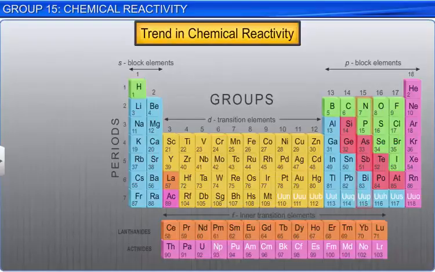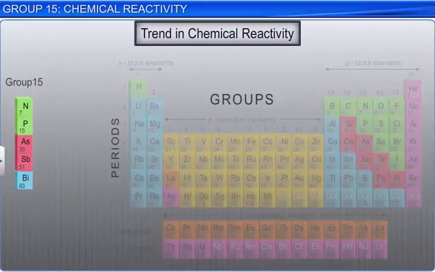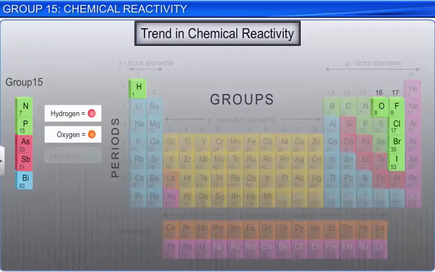Let us look at the trend in the chemical reactivity of group 15 elements towards hydrogen, oxygen, halogens and metals. Let us begin with their reactivity towards hydrogen.